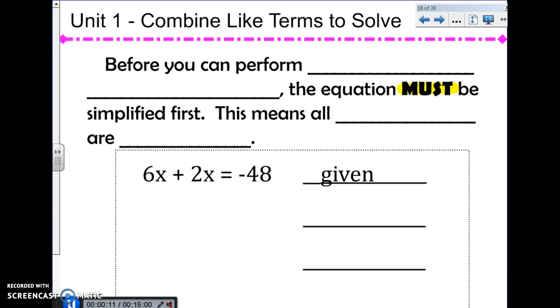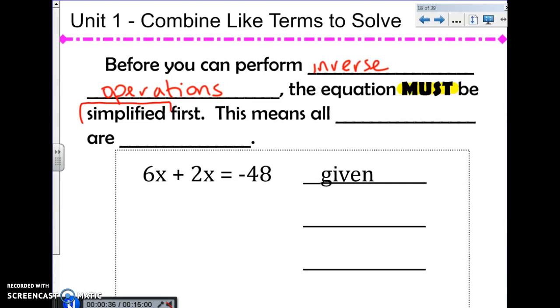The next skill that we have to work on is solving an equation when there are like terms within the equation that we have to take care of first. So before you can perform inverse operations, remember those are the operations that undo each other, the equation must be simplified first.